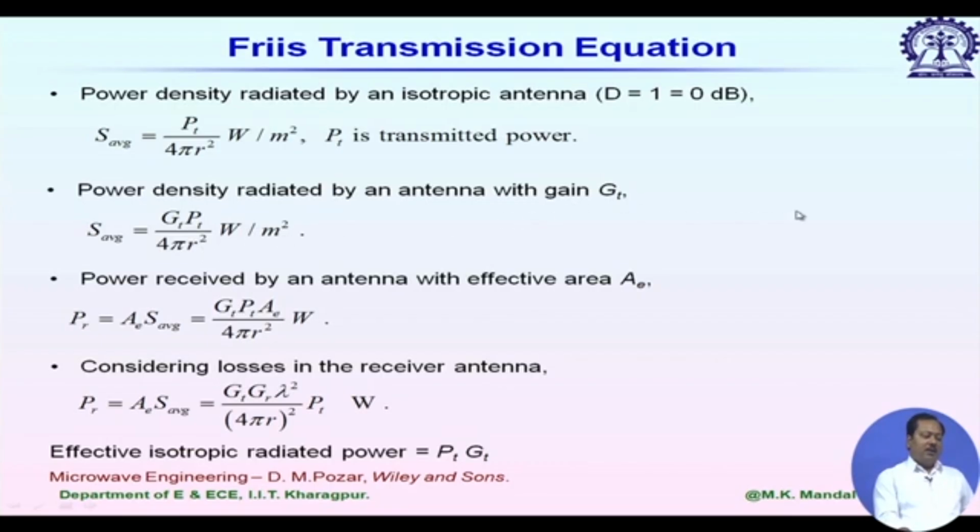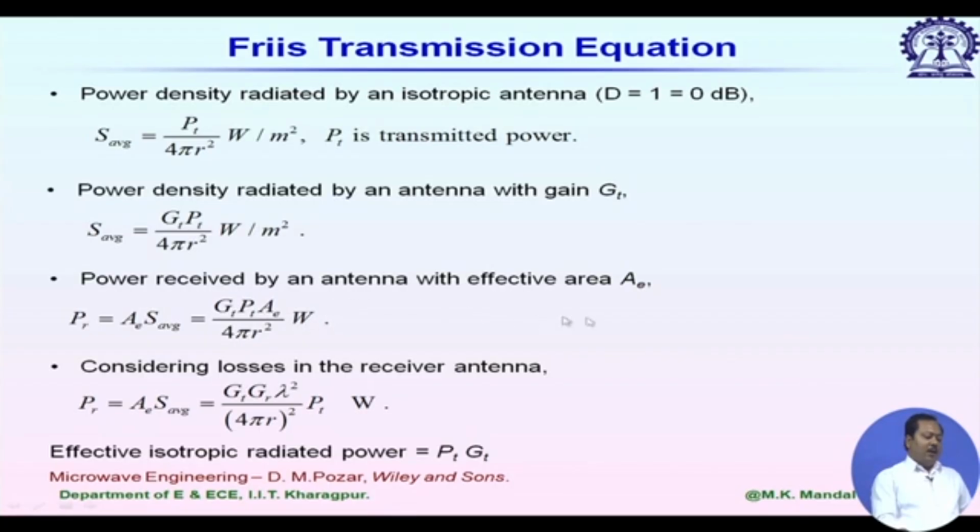Now, let us consider we have a receive antenna of effective area AE, placed on that spherical surface. Since its effective area is AE, we can receive power PR equal to AE into S average, so the expression is Gt Pt AE by 4 pi r square in watts.